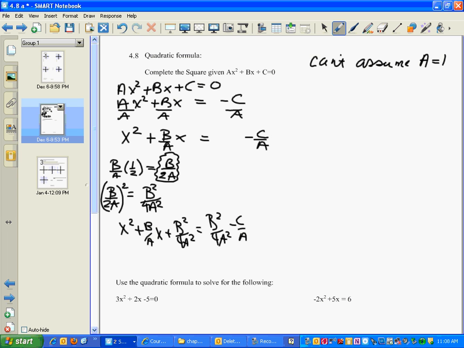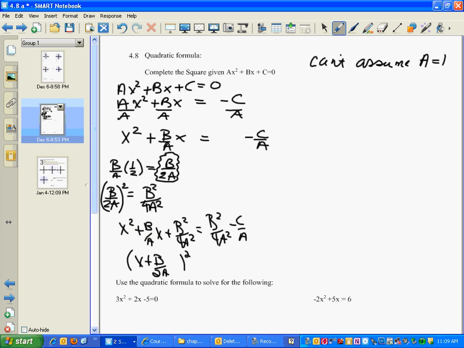So now we're going to factor the left side. And we know that this is going to be x plus what, quantity squared, correct? And I have to get a common denominator when I add fractions, wouldn't you agree? And what would my common denominator be?